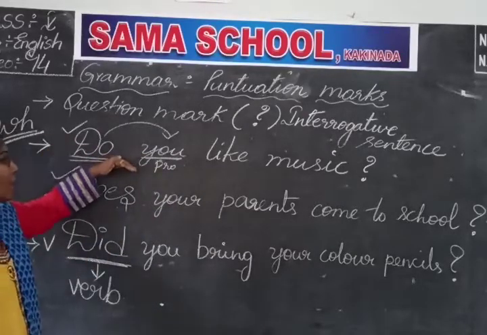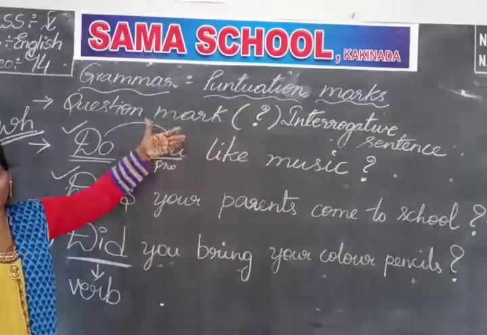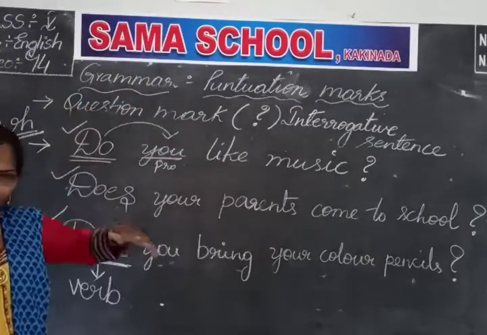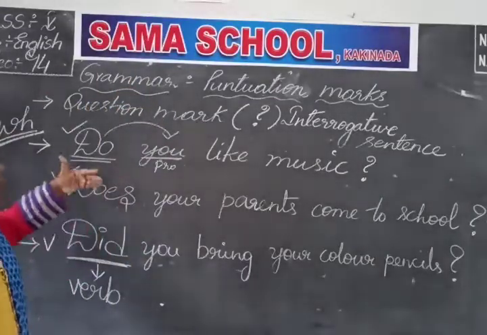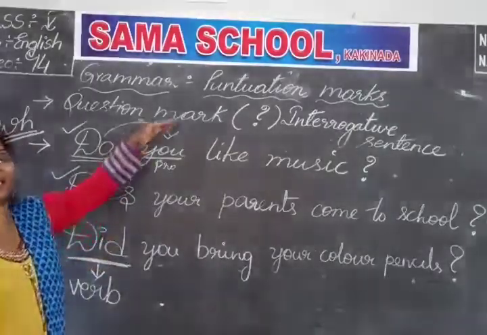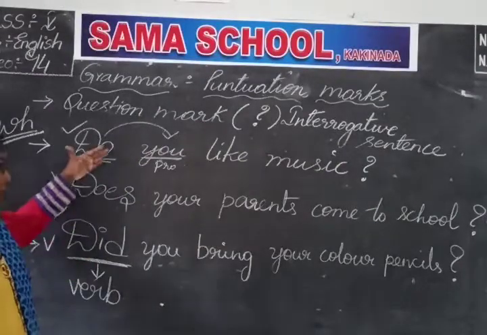Do you agree with the information? Do you agree with the statement which is said by the poet? Like that they will say, do you agree? Did you find any mistake in the above paragraph? So they will ask questions like this: do, did, does.